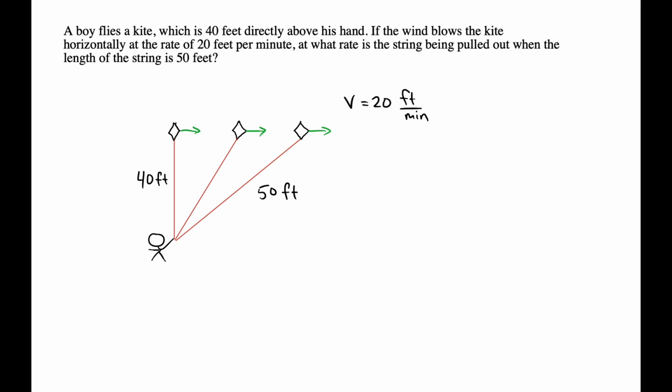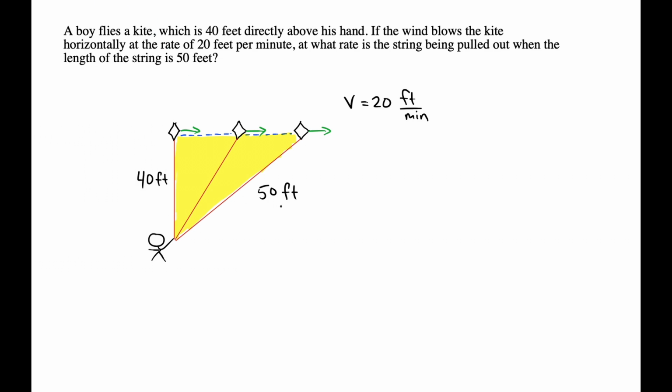So the first thing I'm going to do is designate some variables to stand for some relevant quantities in this problem. For example, the problem is going to be based upon a right triangle.